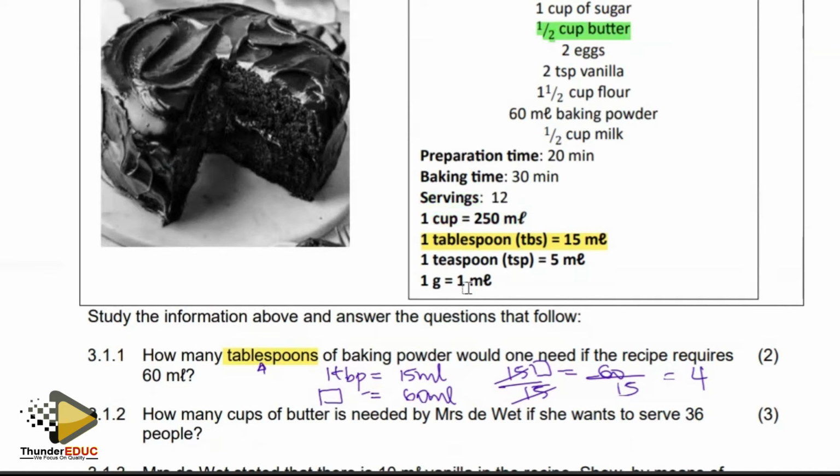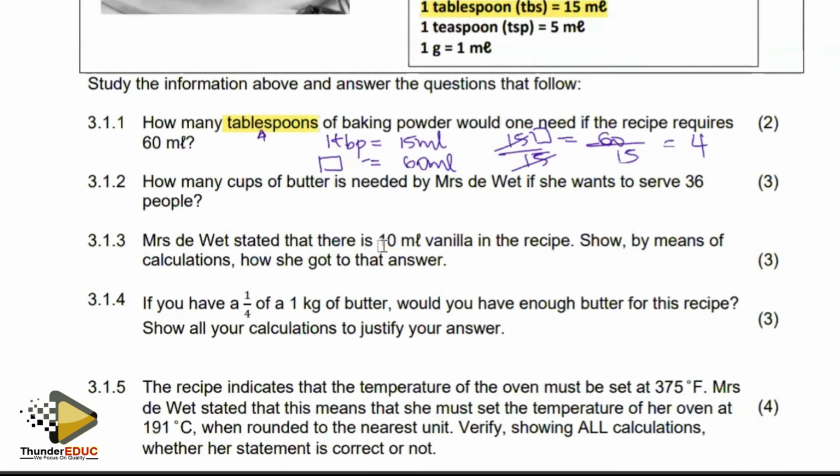This simply means if you have 12 people, you need half a cup. I've put it in decimals to make my life easy. Half a cup, which is 0.5.